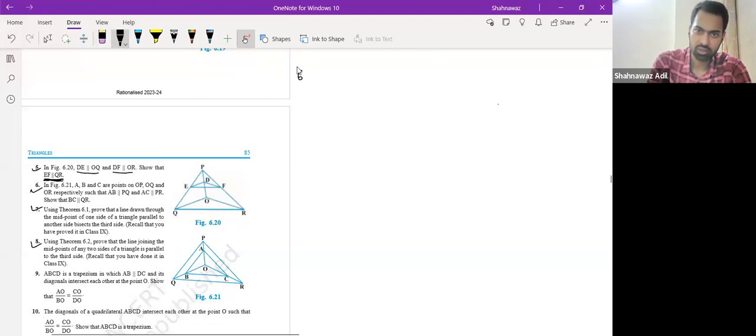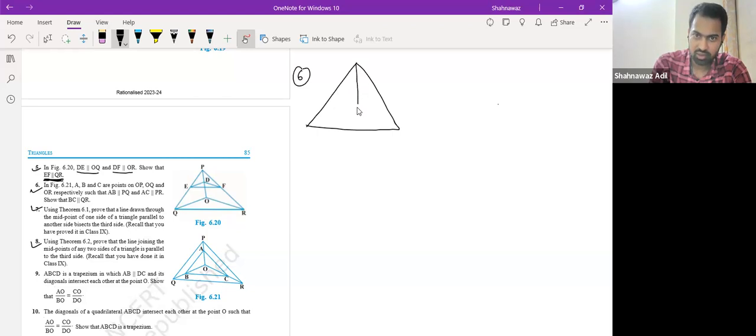Yeah, exercise 6.1. So what is given in figure 6.21? In figure 6.21, the idea is that we have to identify, okay, this is a very complicated figure. This one, this is parallel, this is parallel, this is parallel.